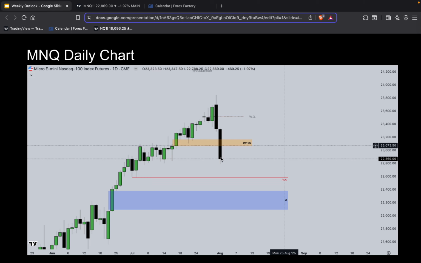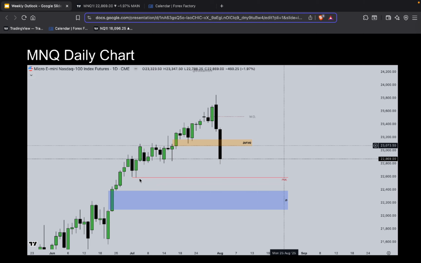Now what I expect is it should treat as an inversion fair value gap. So that's why I highlighted this in orange and also named it daily inversion fair value gap.